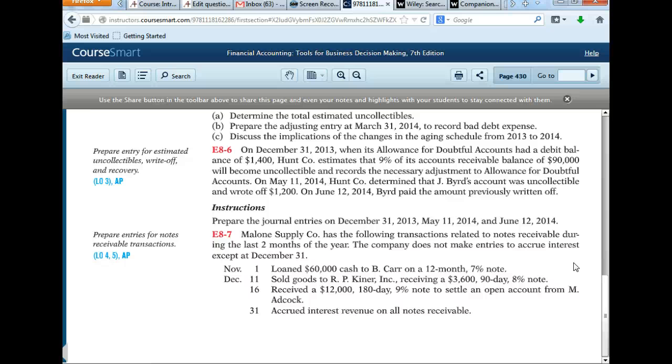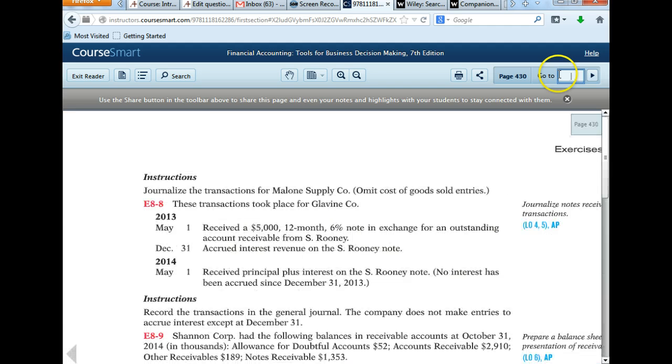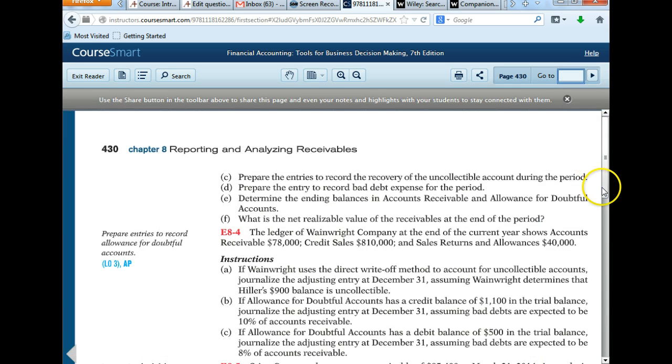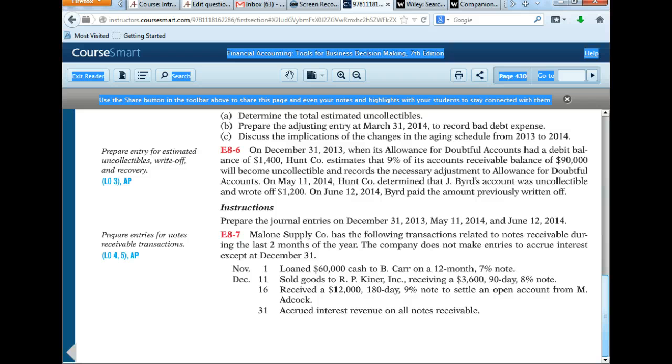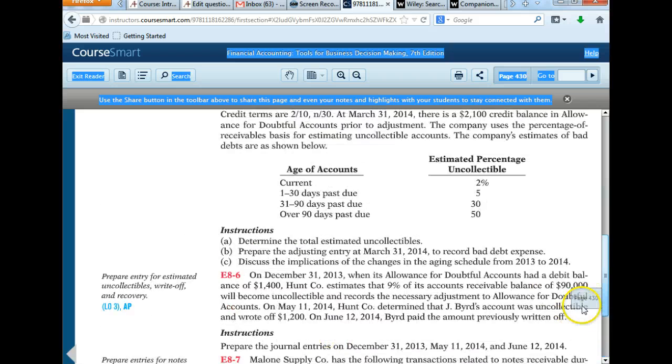Then it sold goods to R.P. Kiner, receiving a $3,600 90-day note, received a $12,000 180-day 9% note to settle an open account, and then it accrued all notes receivable. So our job is to journalize these transactions. We're not going to worry about cost of goods sold. So the first transaction loaned $60,000 cash to B-Car on a 12-month 7% note.